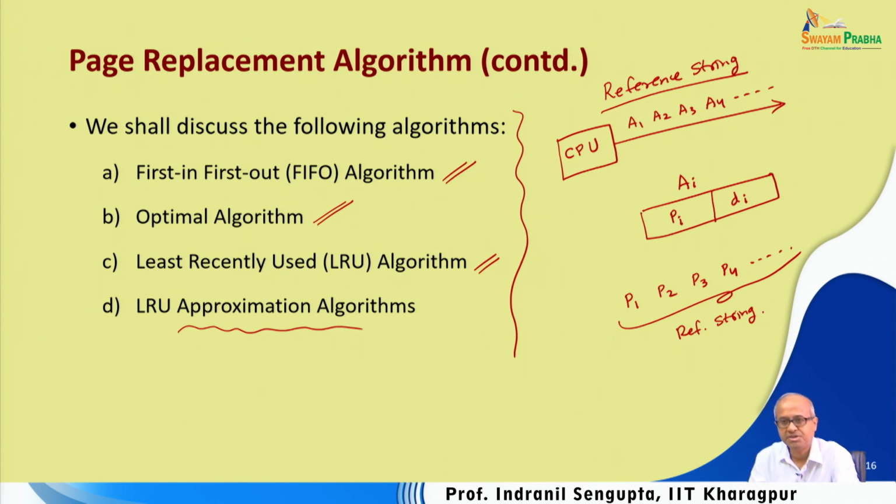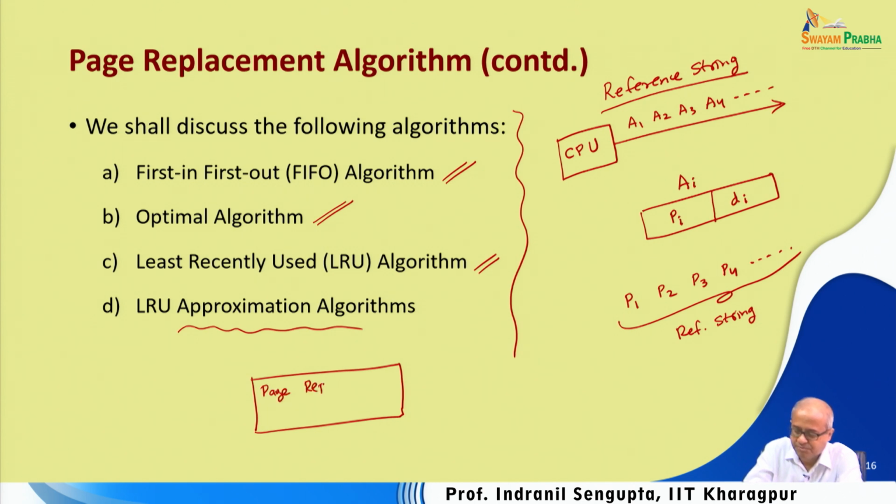And the kind of simulation that I told about, what do we do there? Suppose this is your page replacement algorithm. What you do is feed this reference string, which is a sequence of page numbers, as input to this algorithm.